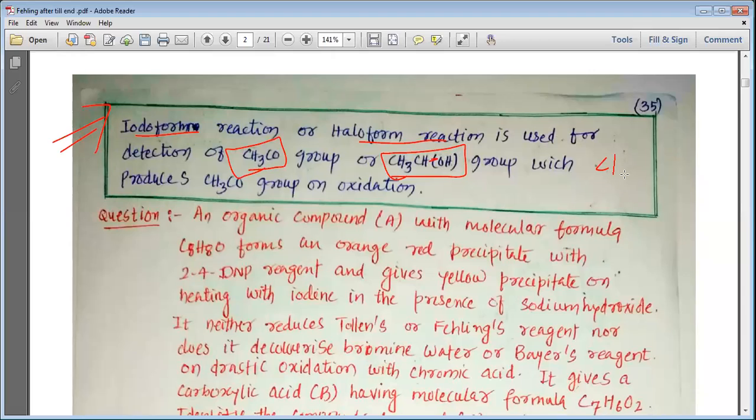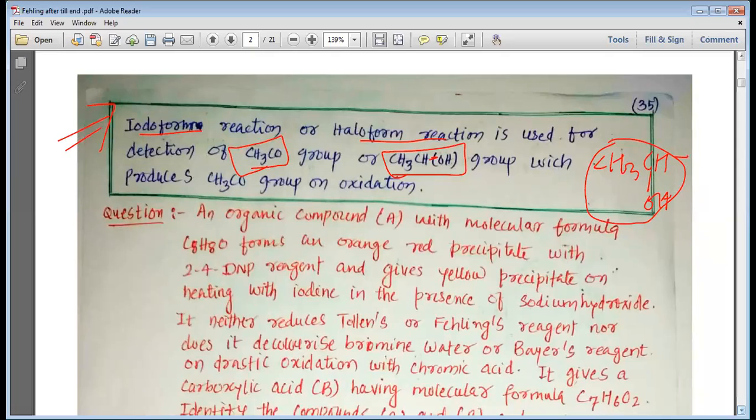This is what we could have even written in this manner. So if this group or CH3CO group is present in any compound, it undergoes the haloform reaction.